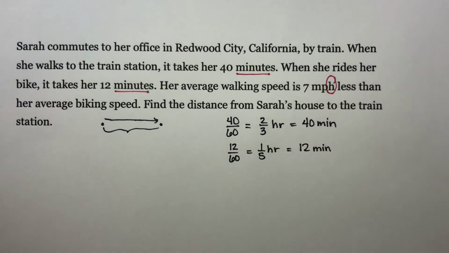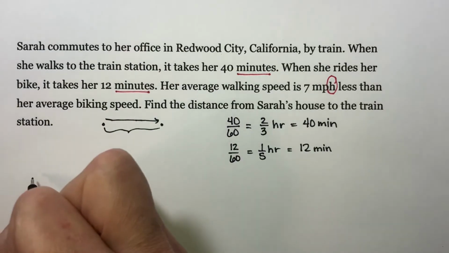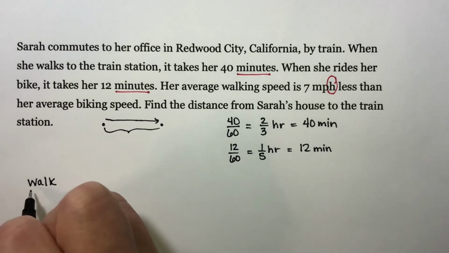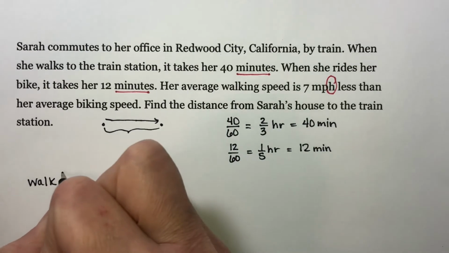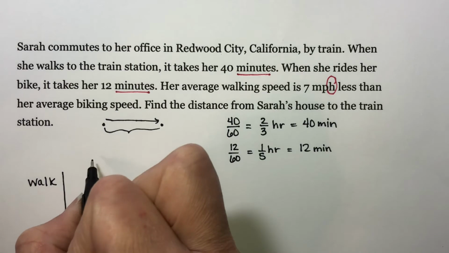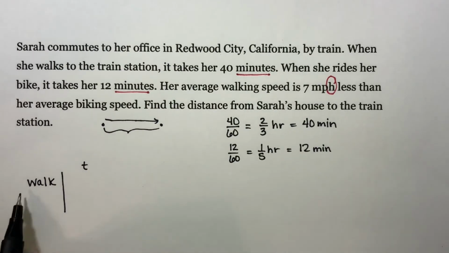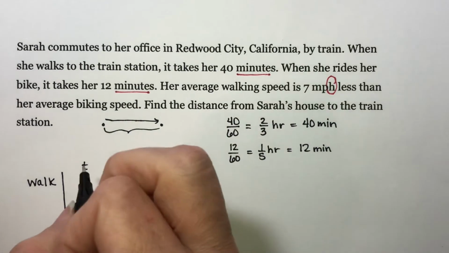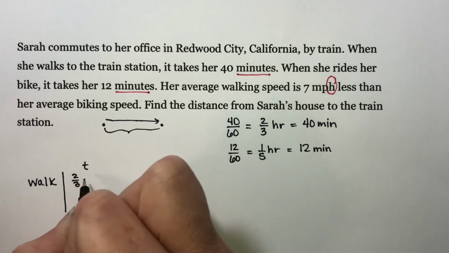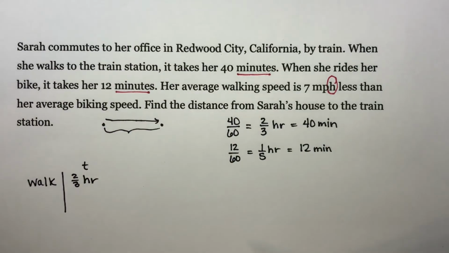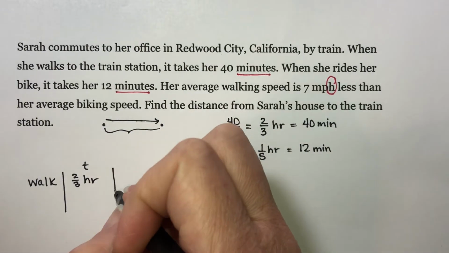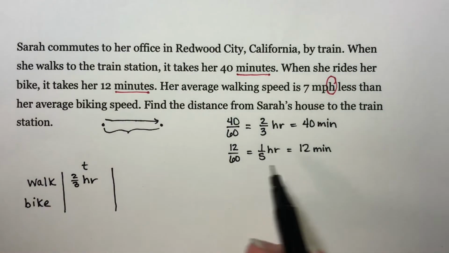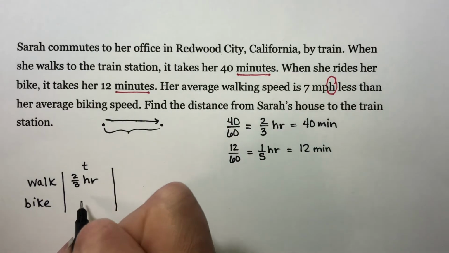Okay, so let's start organizing our information. If she walks, the time it takes her walking is 40 minutes. So it takes her 2/3 of an hour to walk, okay? When she rides her bike, it takes her 1/5 of an hour.